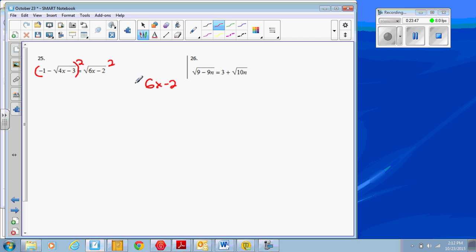The left side is where it gets a little confusing because I have to FOIL that. So that's going to be negative 1 minus the square root of 4x minus 3, times negative 1 minus the square root of 4x minus 3. Which looks complicated, but we do what we know how to do. We're first going to multiply the first two things together.